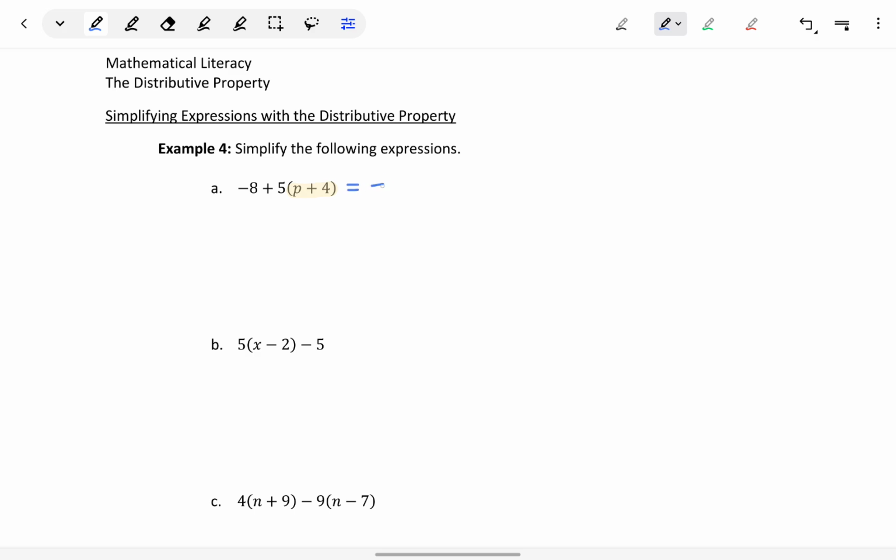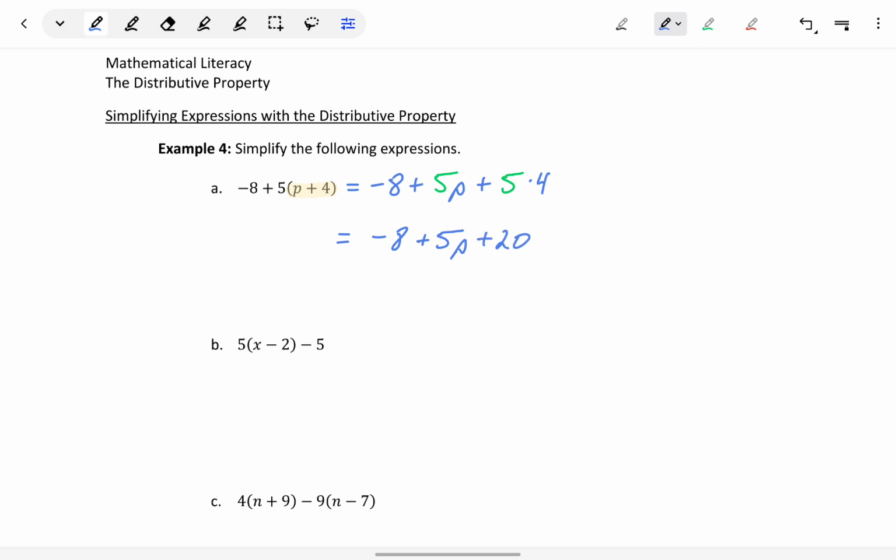the distributive property to rewrite this as -8 plus 5 times p plus 5 times 4, which will give us -8 plus 5p plus 20.